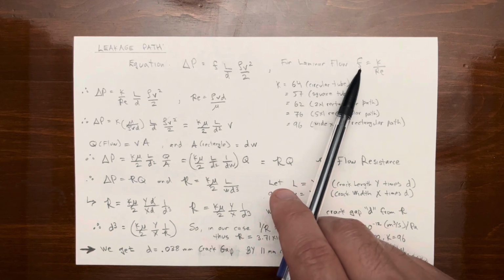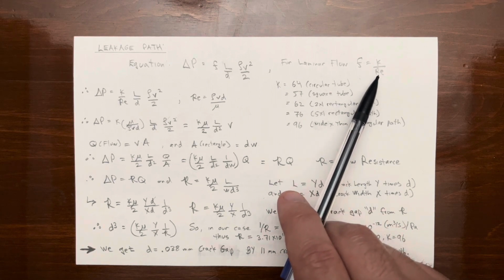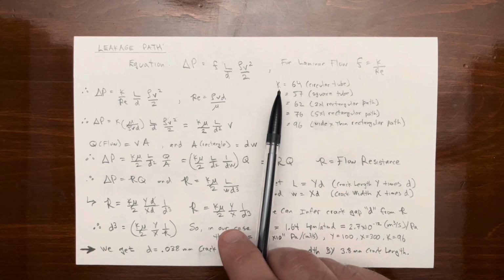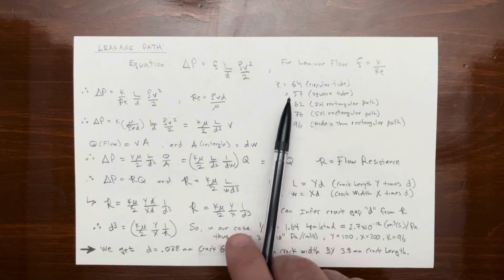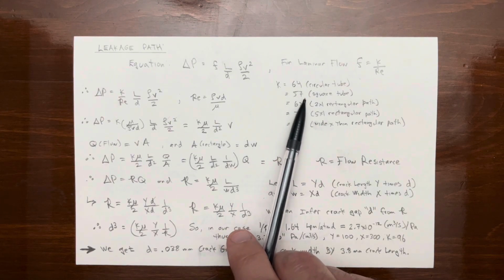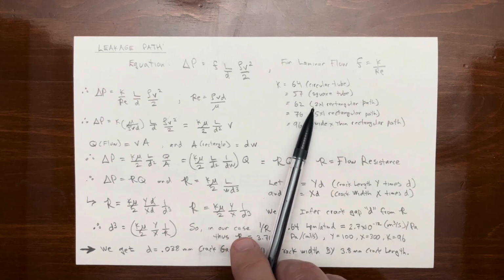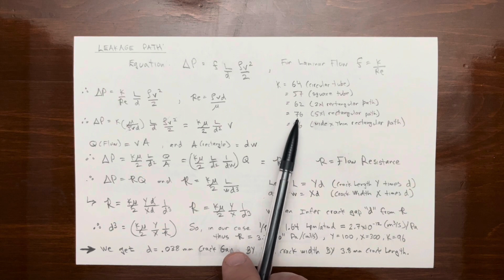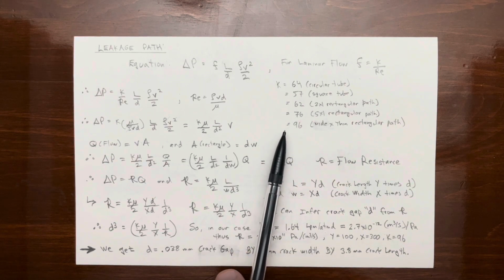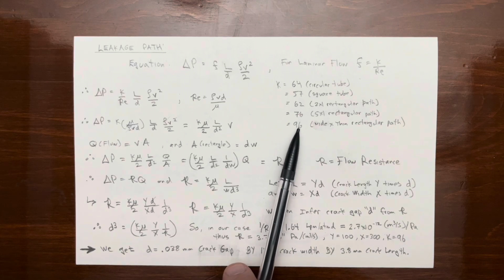The friction factor of any laminar flow path is K, which is a geometry factor, divided by Reynolds number. K will vary depending on the geometry. You've got anything from 64 for a circular tube, 57 for a square tube, 62 for a 2x1 rectangular path, 76 for a 5x1 rectangular path, and for a rectangle that's extremely wide and thin, you've got 96.